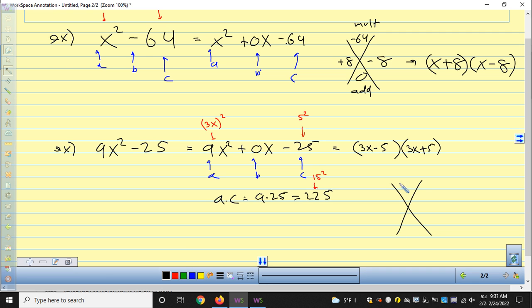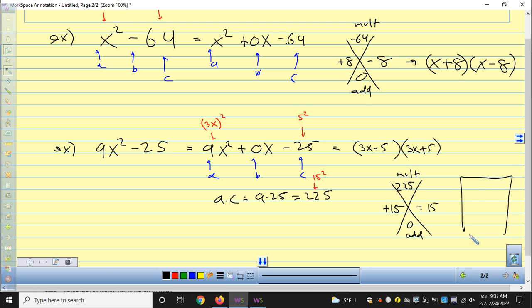So when I set up my cross, we need to multiply to 225, add to 0. So that's going to have to be a plus and a minus. I have to add and subtract to get a 0. Well, the two numbers that multiply to 225 and add to 0 are 15 and negative 15.